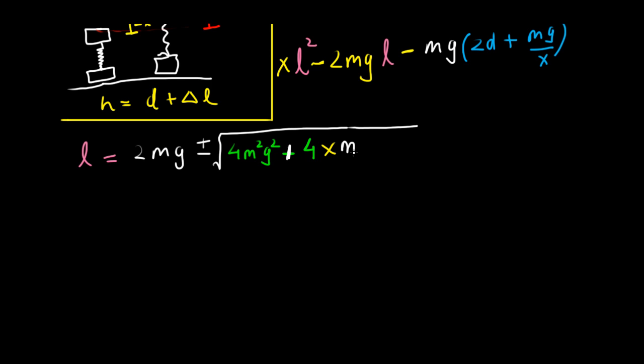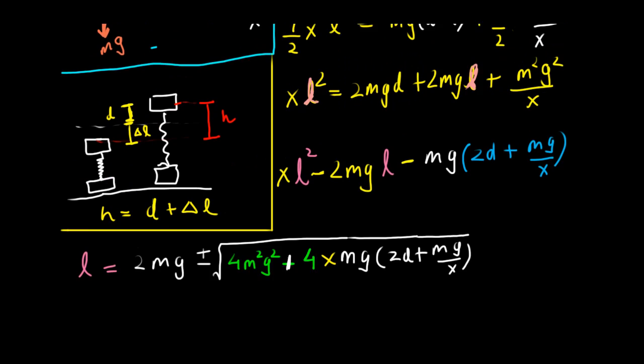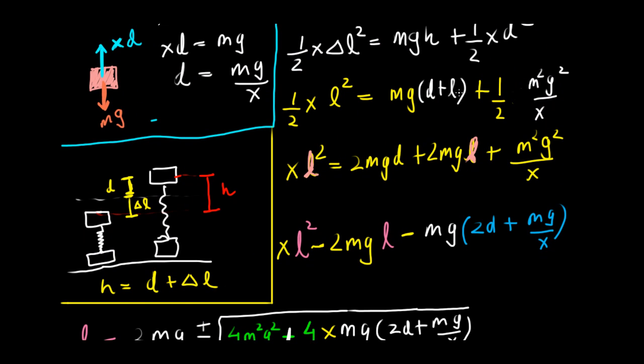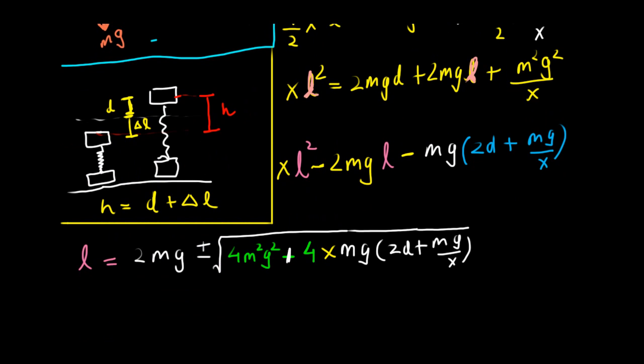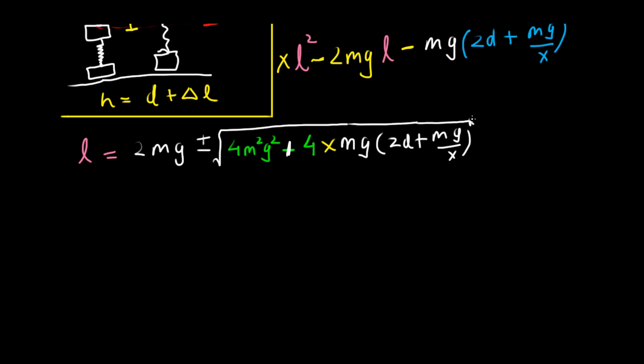So 4x mg times 2d plus mg over x. Wait a second, how did I get left with the d? Oh my god, I had to substitute d as mg over x, so I'll substitute it now, but let me finish this right here.